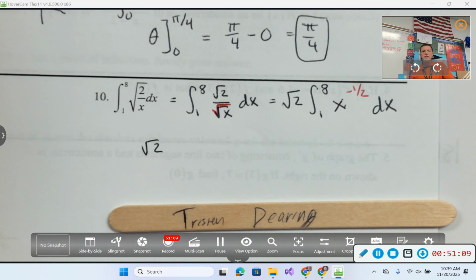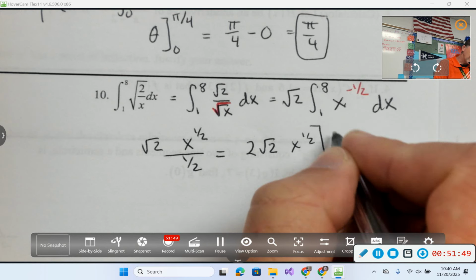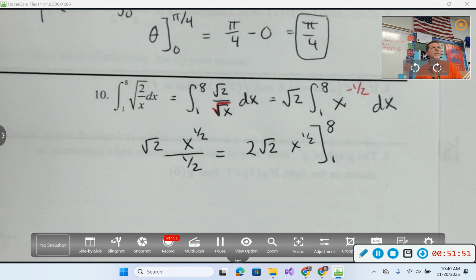Well, divide by 1/2, which is the same thing as multiplying by 2. So I've got 2 root 2 x to the 1/2 from 1 to 8. So 2 root 2, and I can put that 2 root 2 out front.